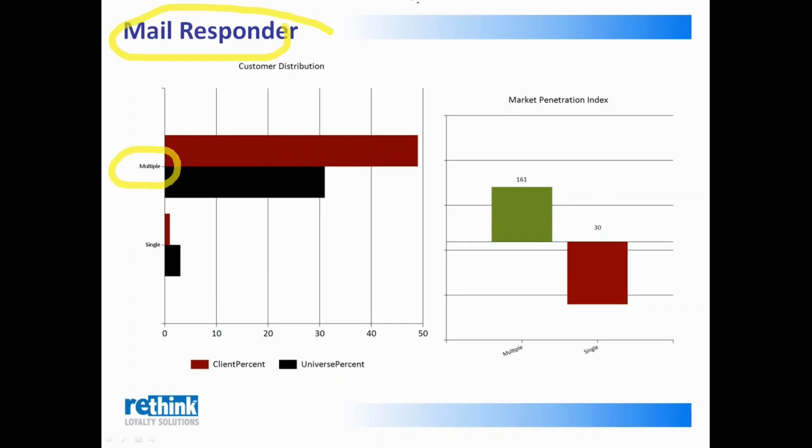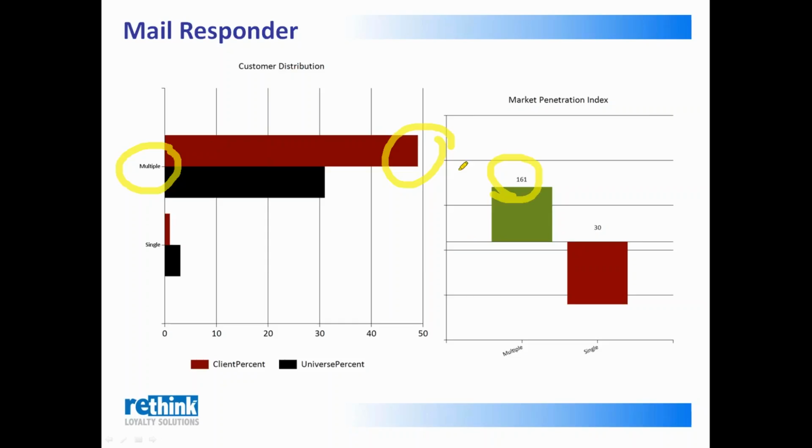Where the database gets pinged more than once, they're flagged as a multiple direct mail respondent. Fully half of the customers of Pacific Park Animal Hospital are multiple direct mail respondents, so they're indexing at 161.